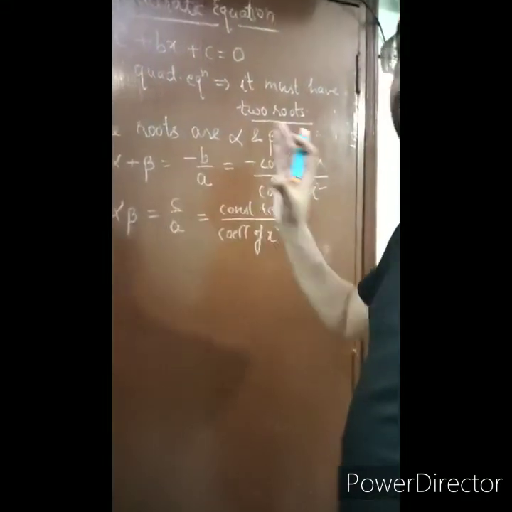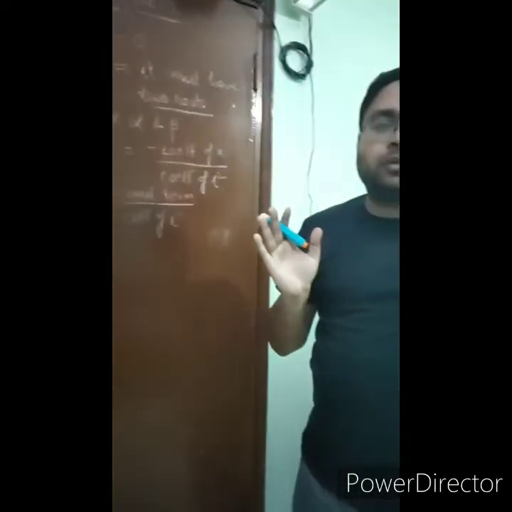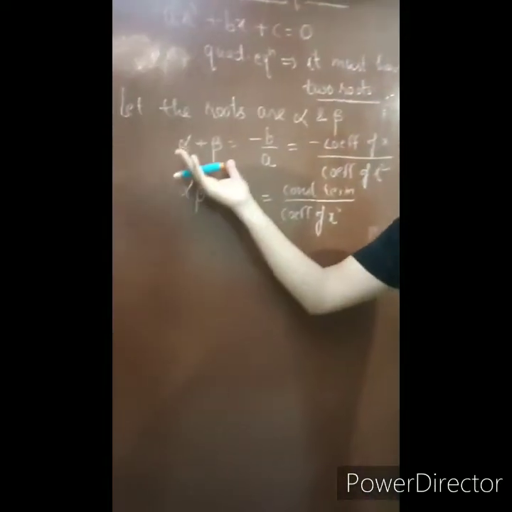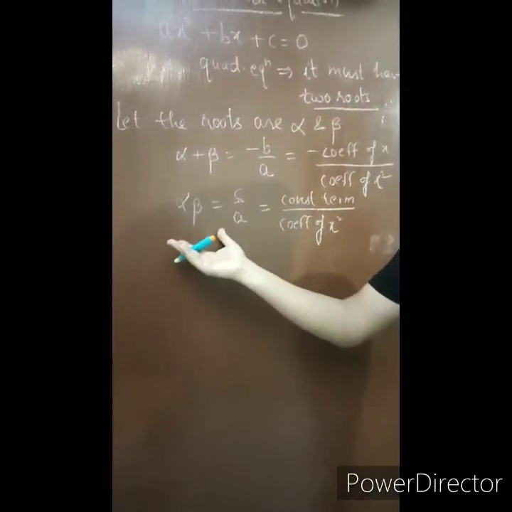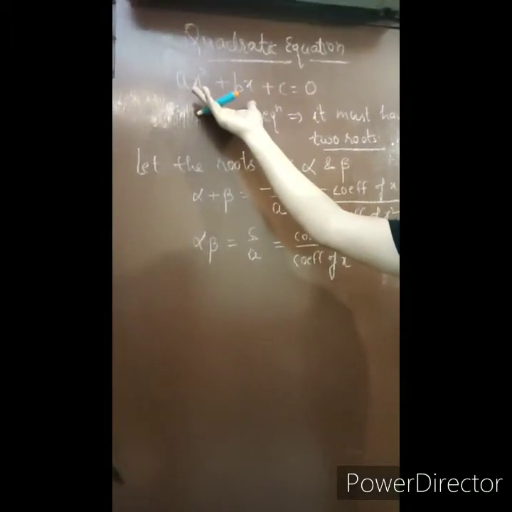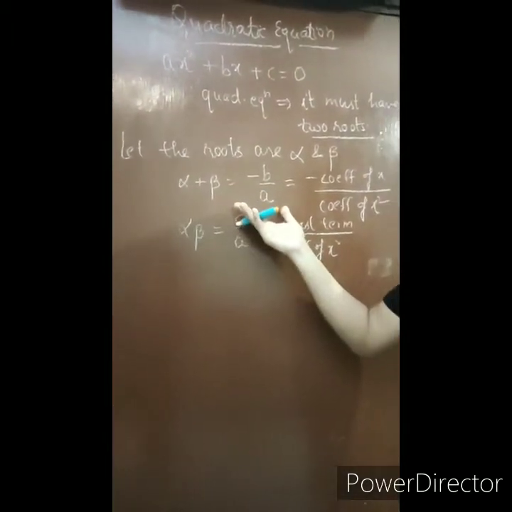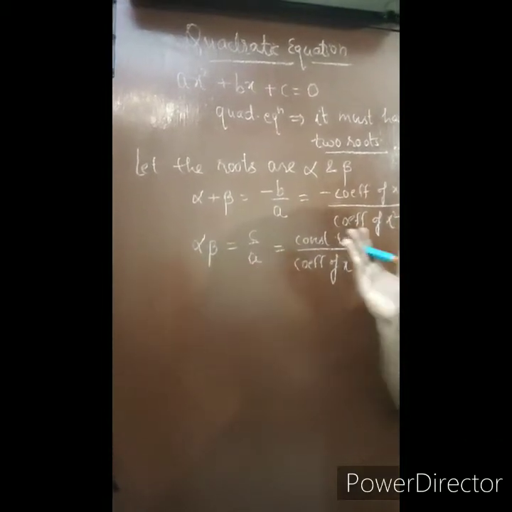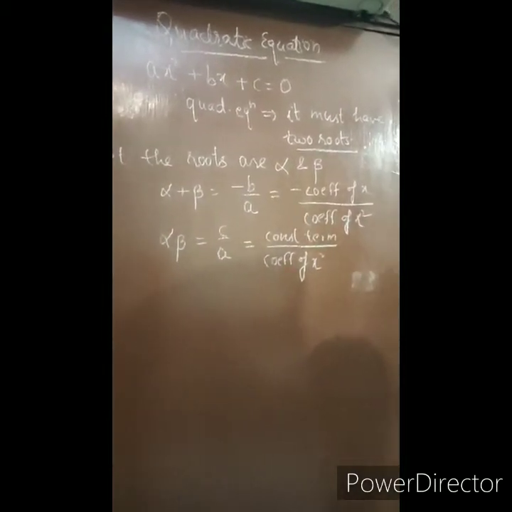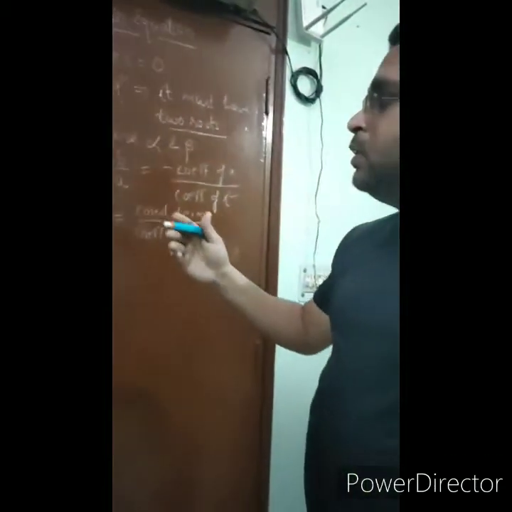This is very important for 1 mark questions. We have to find alpha plus beta, and the quadratic equation is given. We can use these two relations, alpha plus beta equals to minus b by a and alpha beta equals to c by a.